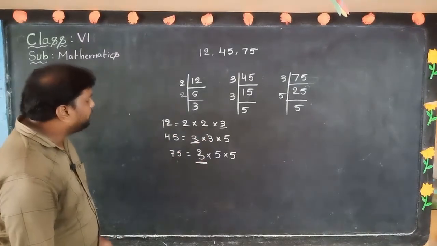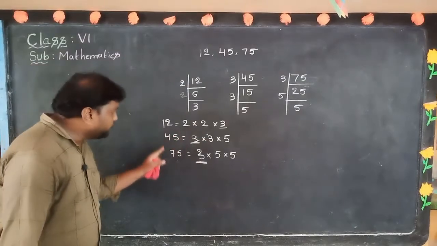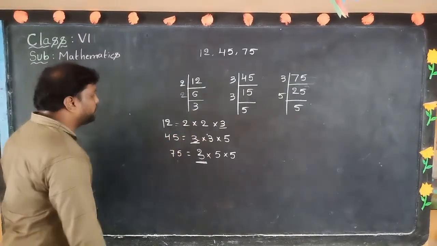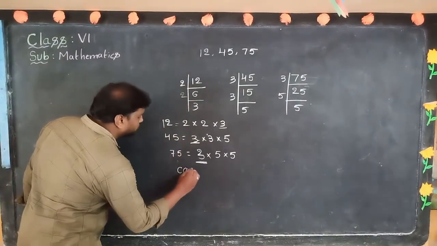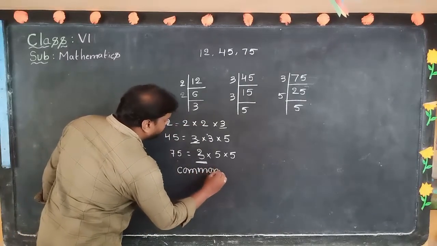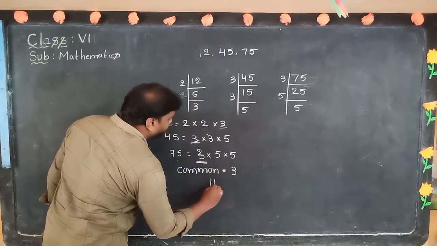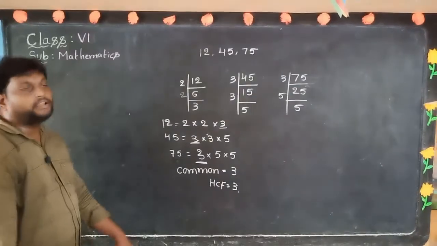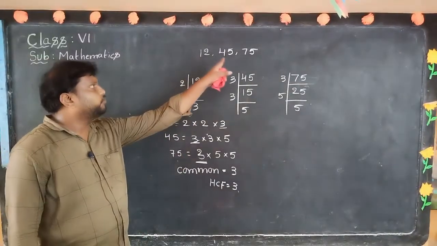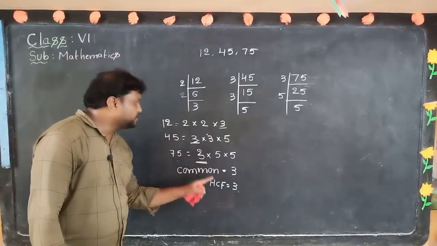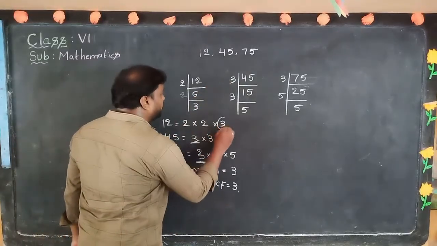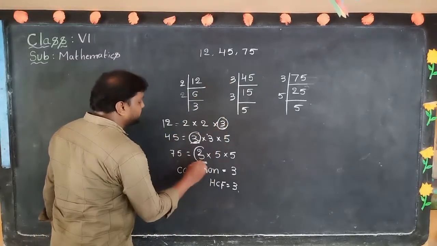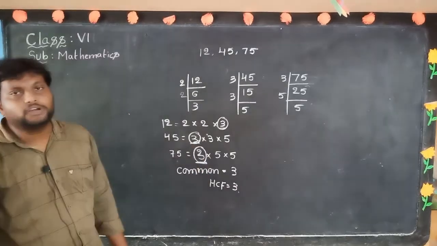Out of these three, only one number is common, 3, and the HCF is also 3. That's why the HCF of 12, 45, 75 is 3. We have only one value common.